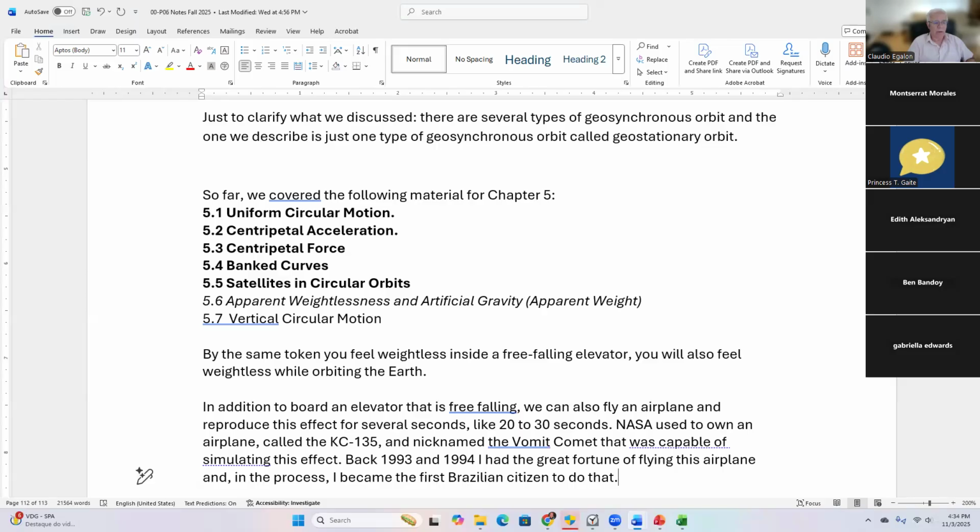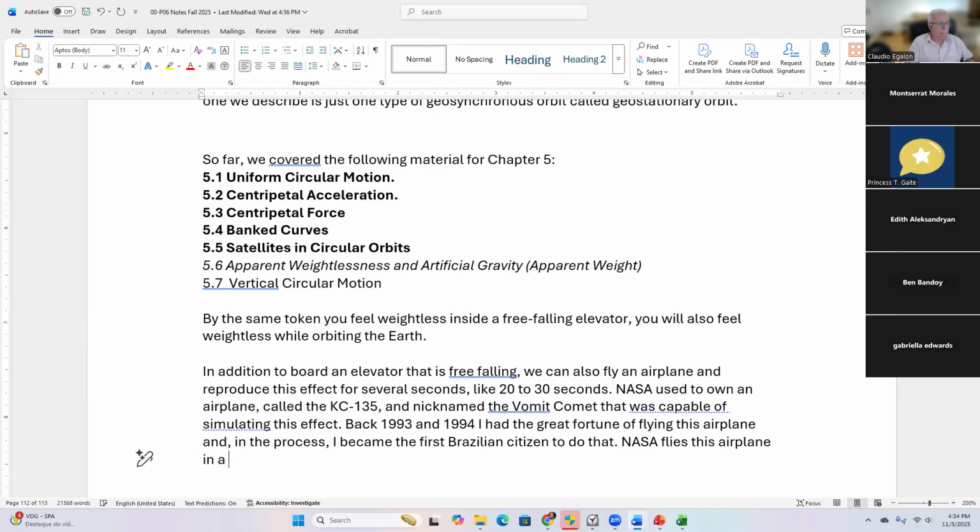Okay. And how does NASA fly this airplane? NASA flies this airplane in a parabolic maneuver, simulating the path of a projectile, the same path that we studied before.